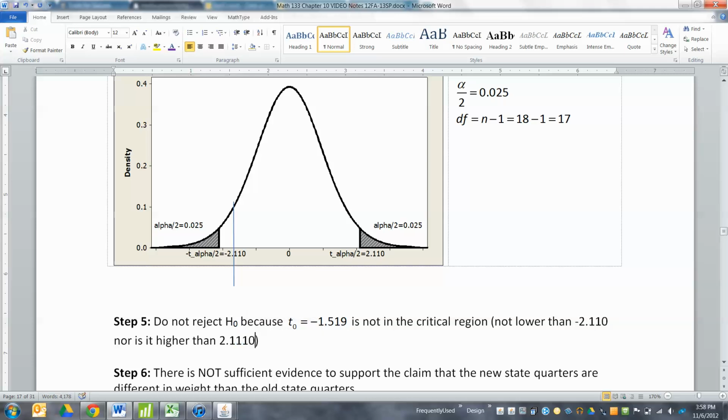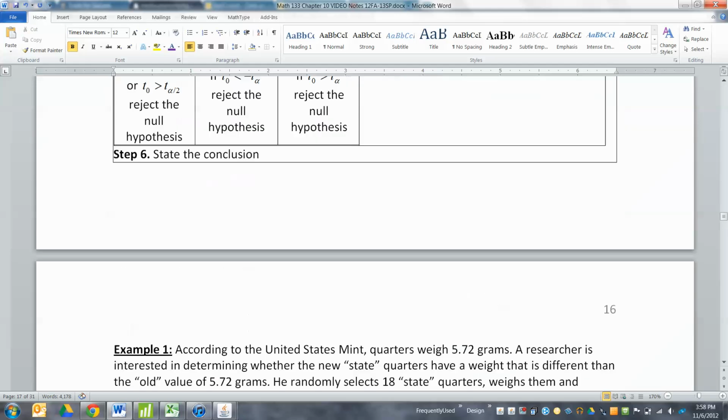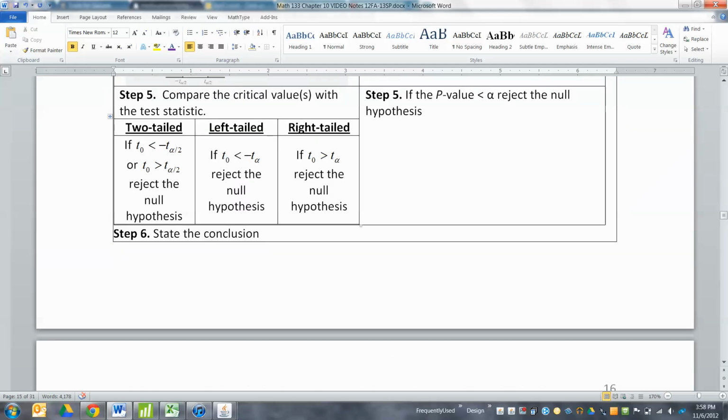You have to be over on the high side on the right, bigger than 2.110, or lower than negative 2.110, and we are neither of those things. So we are not going to reject the null hypothesis. And real quick, look back at the two-tailed hypothesis thing. That's what it says. If your test statistic is lower than the negative one or higher than the positive one, you reject. But we did not have that.